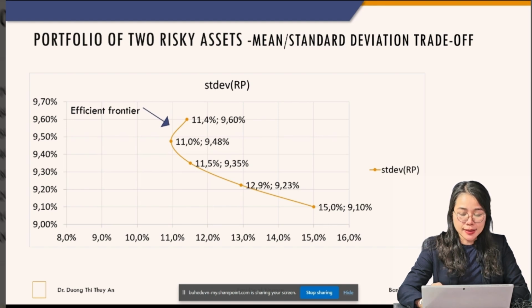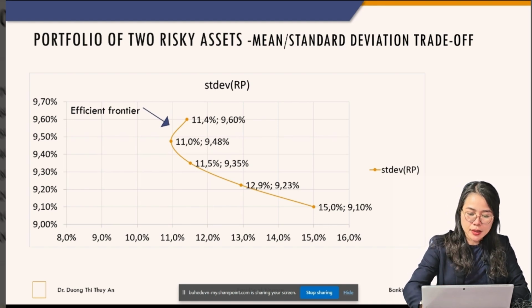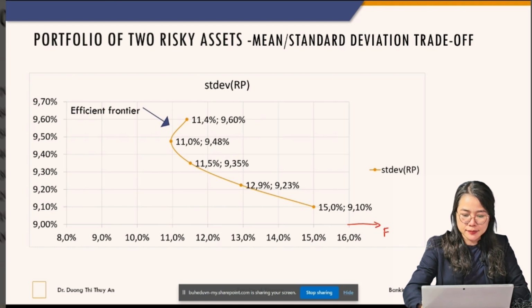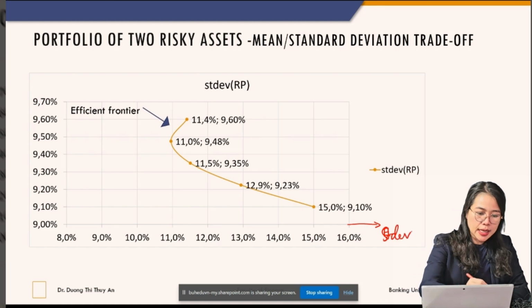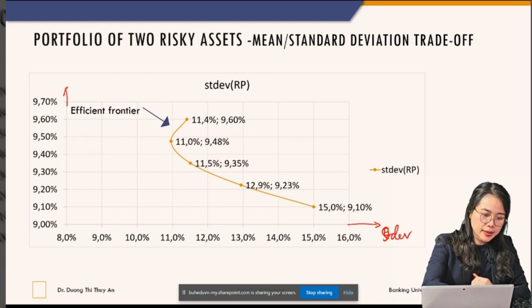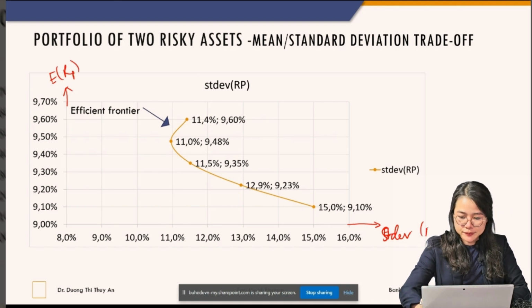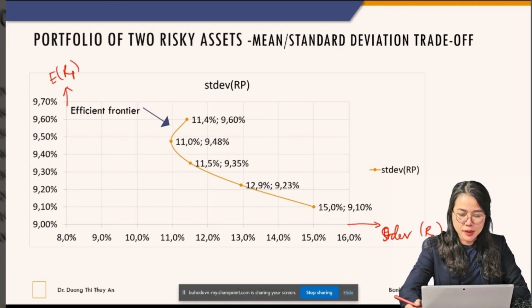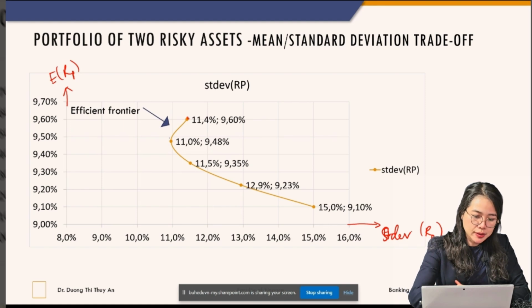In the scatter plot, remember the horizontal axis is the, I'm sorry, standard deviation, and the vertical axis is the expected return of the portfolio. Each point corresponds to a portfolio. So this is portfolio A, B, C, D, and E.